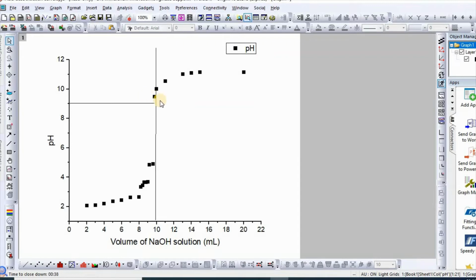So this point is known as equivalence point or end point of titration.